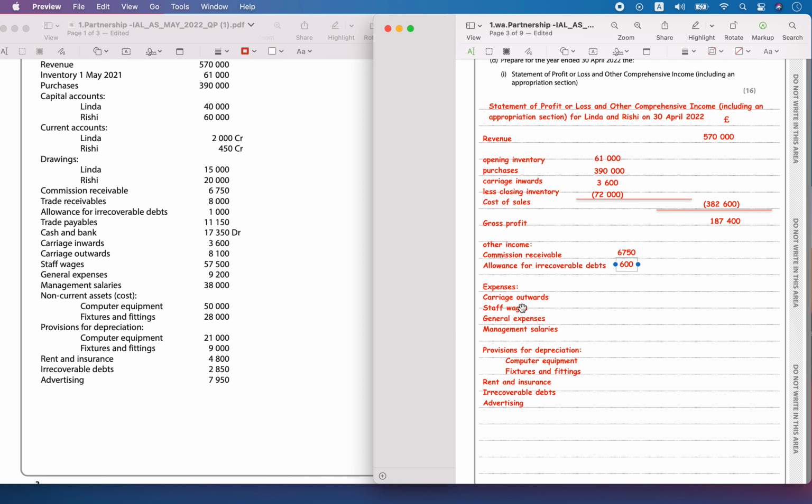Then expenses, carriage outwards is 8,100. So let's add up this other income first. 6750 plus 600 is 7350.